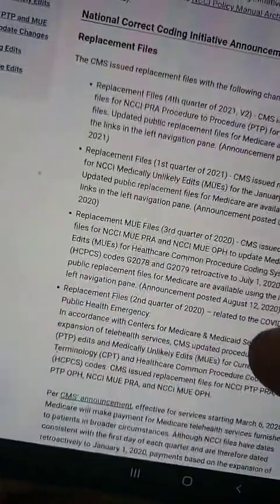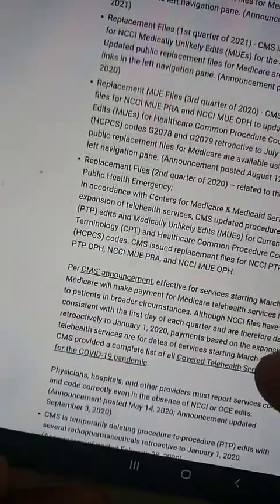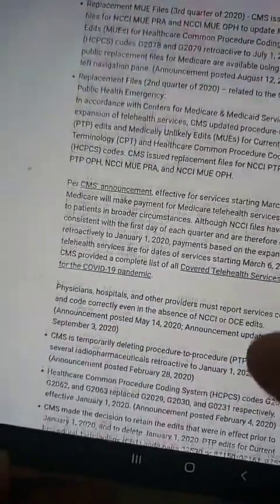That's why you're going to see the MAC and other things listed here.